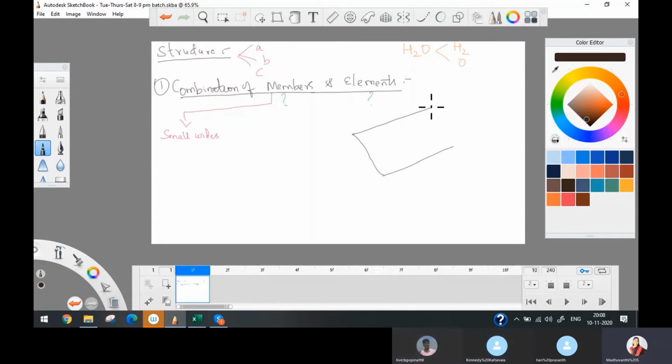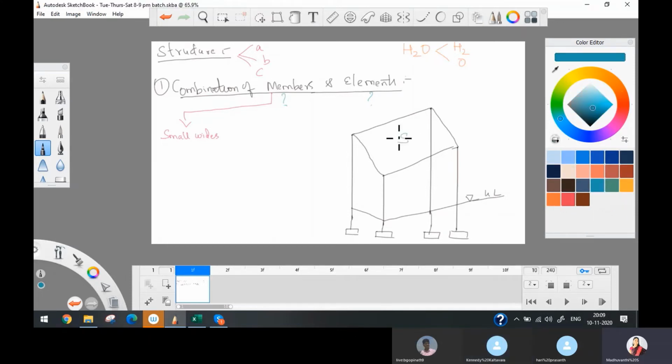In a building, there will be a lot of members as well as a lot of elements, right? So there are so many members and elements.